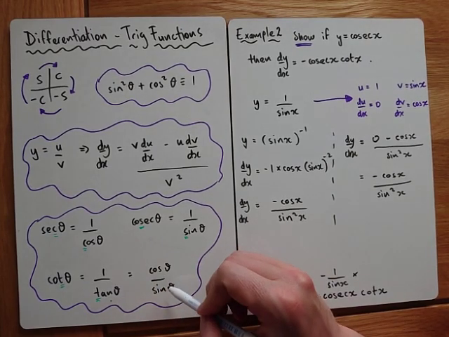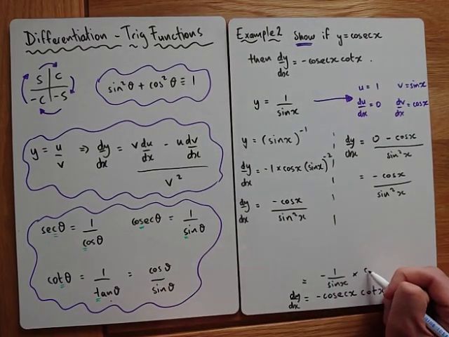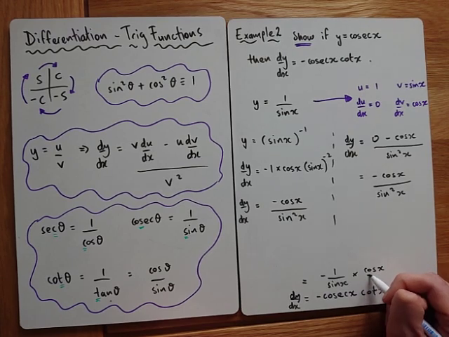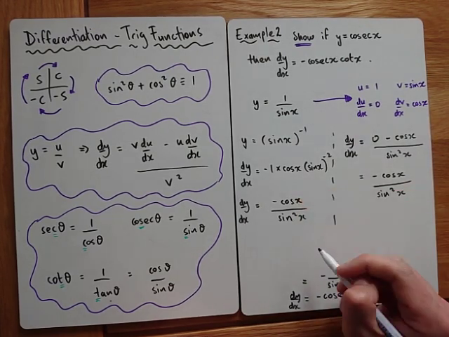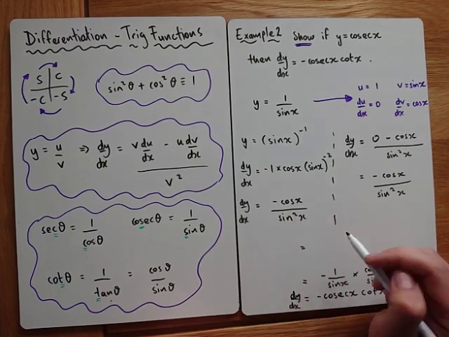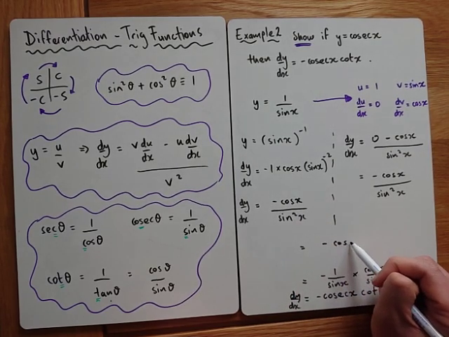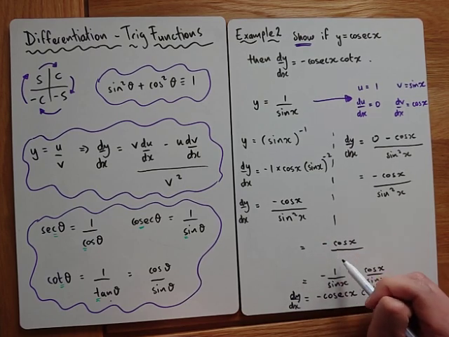It's better to think about it as cos over sine, so that'll be times by cos divided by sine. And let's check what we've got. Well, that's the same, isn't it? Like we've got minus cos divided by sine squared.